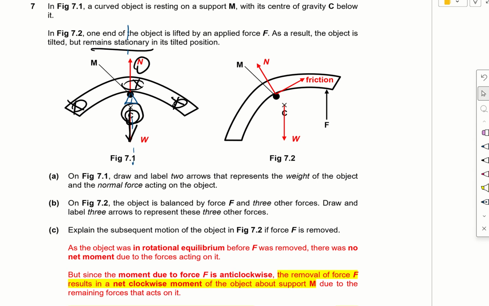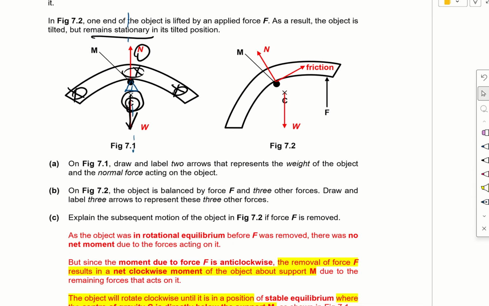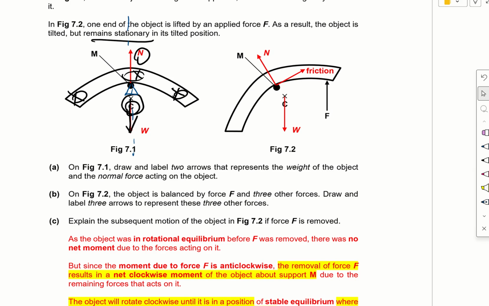Now, in figure 7.2, the object is balanced by force F and 3 other forces. Because now it's tilted, right? So draw and label these 3 arrows. The first one is W, still acting vertically downwards. But the normal force must be acting 90 degrees to the surface.